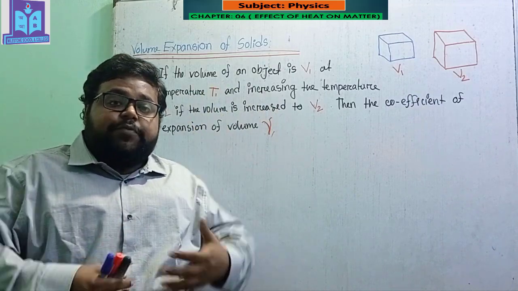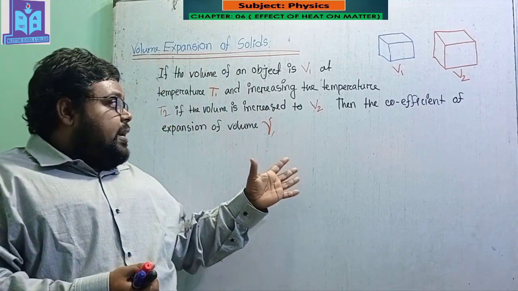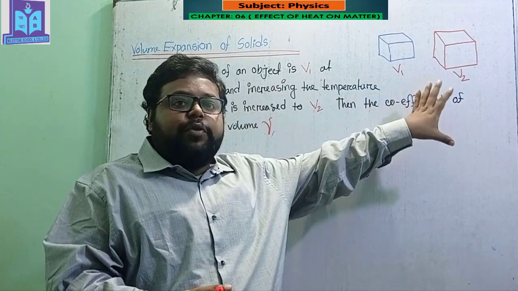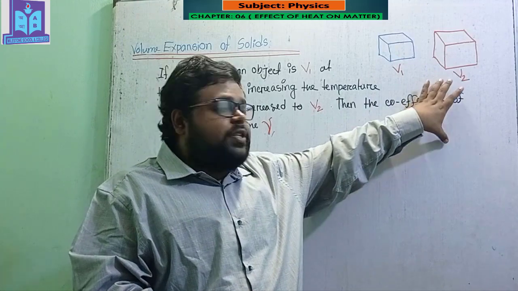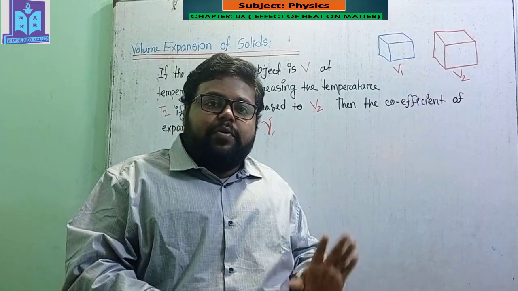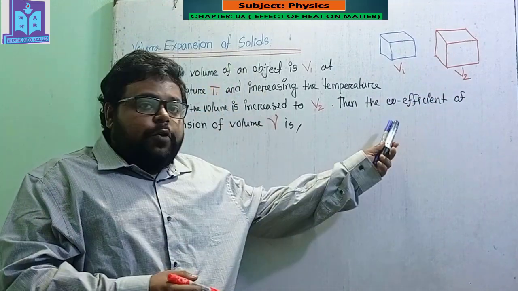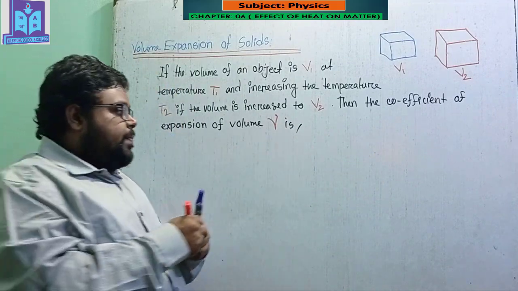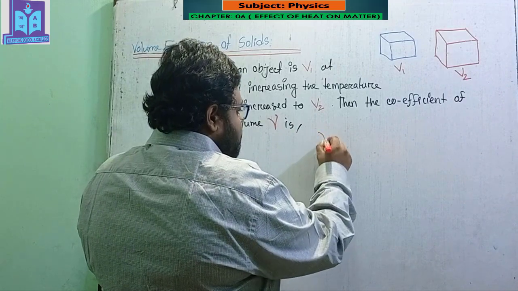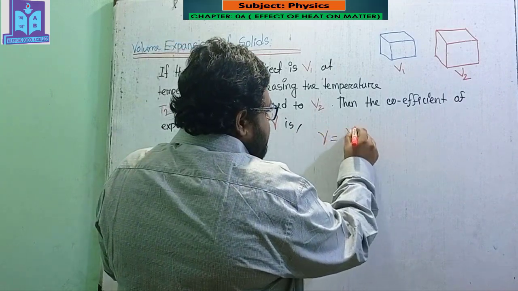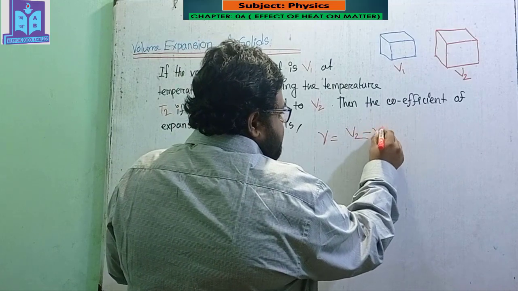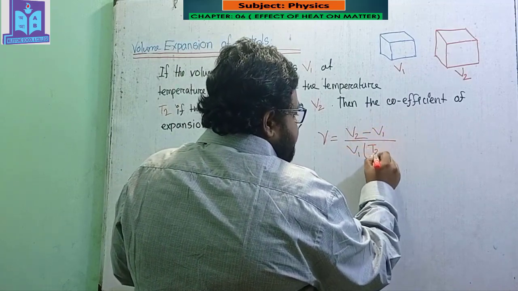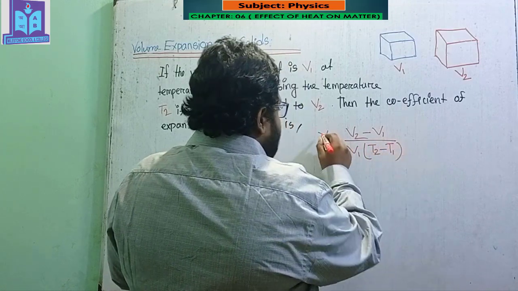That means if we apply heat, the temperature becomes T2 and the volume increases to V2. So the coefficient of volume expansion gamma is V2 minus V1 divided by V1 into (T2 minus T1).